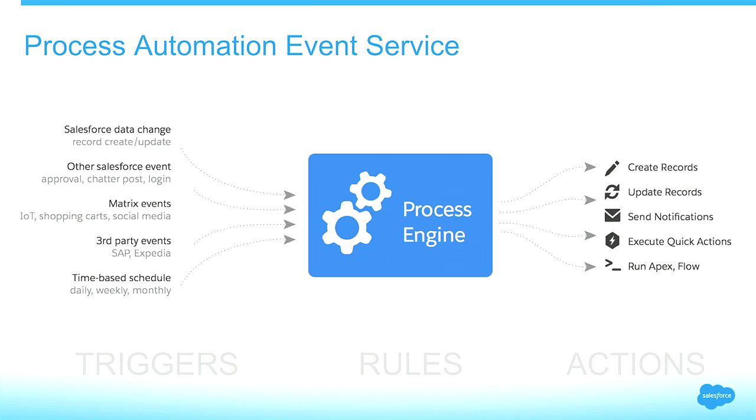Now, the event infrastructure is going to let us do all sorts of operations that will kick off events, including things like approvals or chatter posts or logins or emails, deletes, connecting to Thunder IoT Cloud, those kinds of events, events coming from SAP or from your proprietary databases, and then ultimately be able to schedule processes, schedule flows, just like you would a cron job.